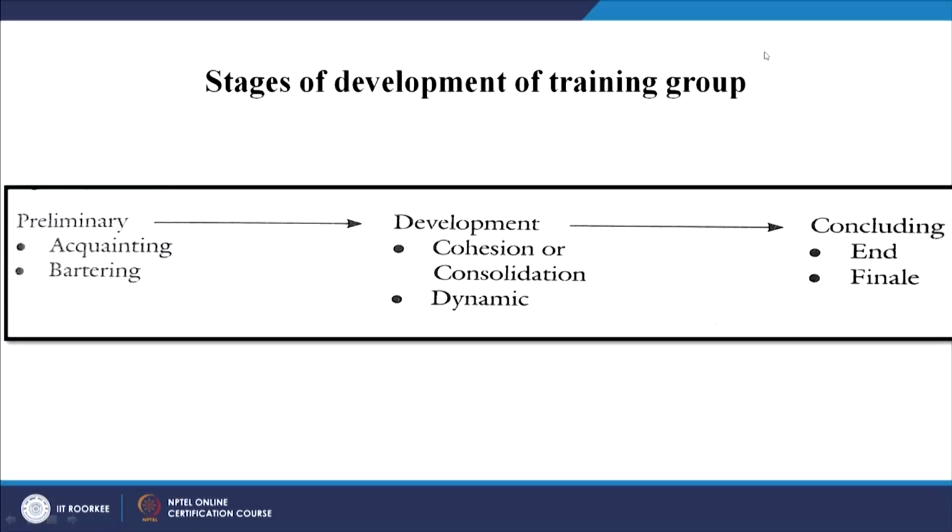There will be cohesion and consolidation. There will be proper group dynamics while attending the training programs, and finally, when you conclude, at the finale you will have a concluding note that the training program is very effective.